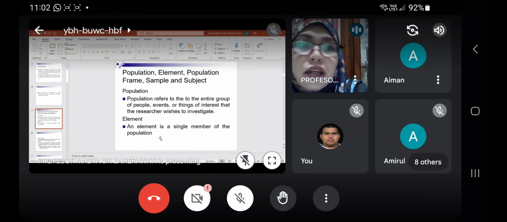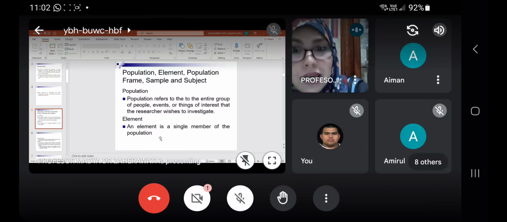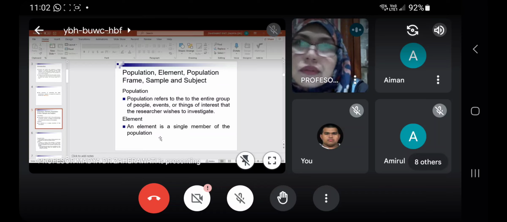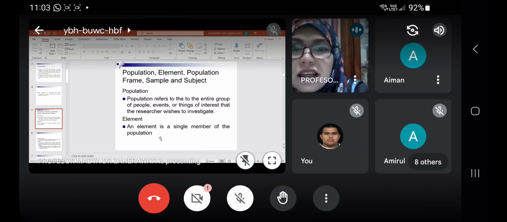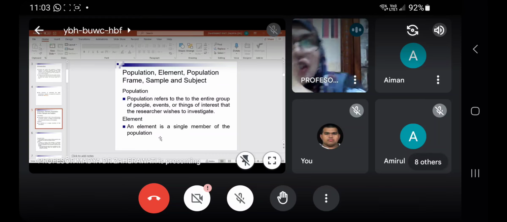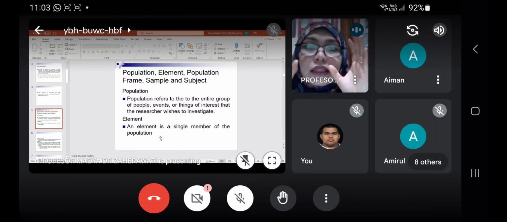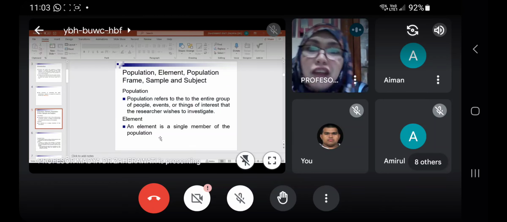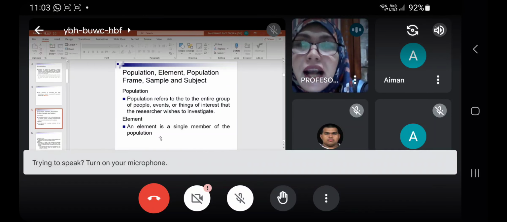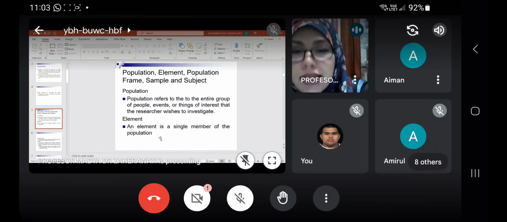The area Kuala Muda has more than 500,000 people. If you want to do a topic about customer loyalty on cosmetic products, it is impossible to use this bigger population as your sample size. That's why we have to use techniques to select from these half a million customers. So how do you get your sample size by some of these techniques?